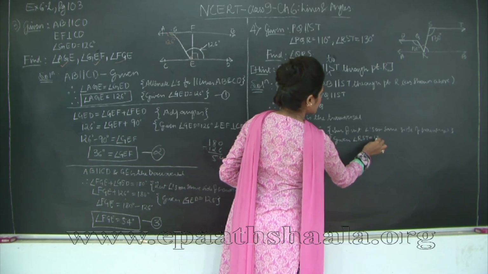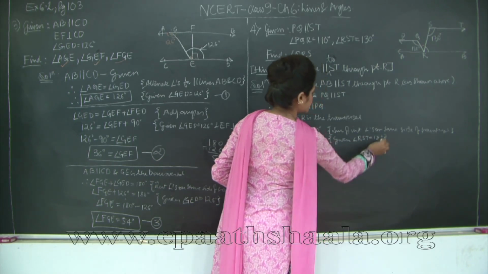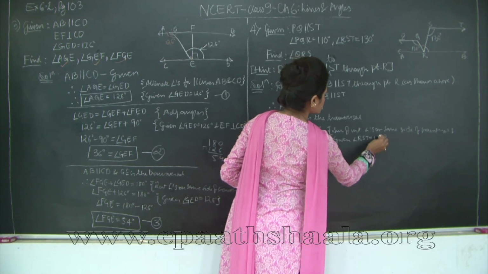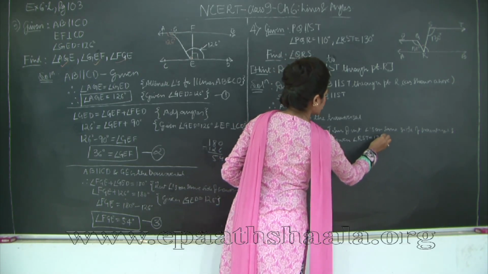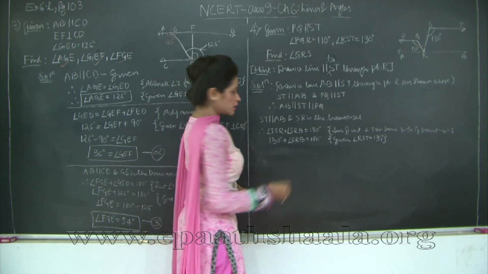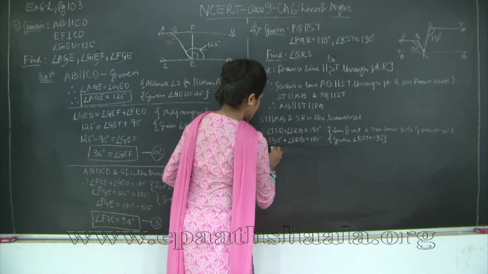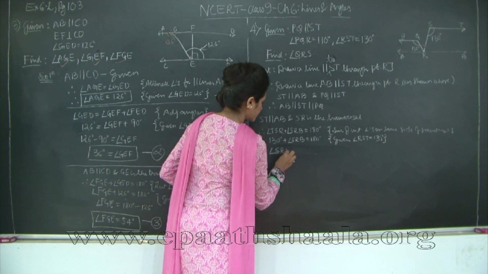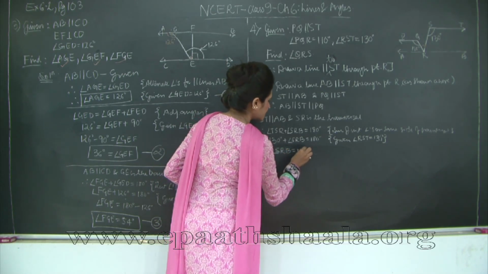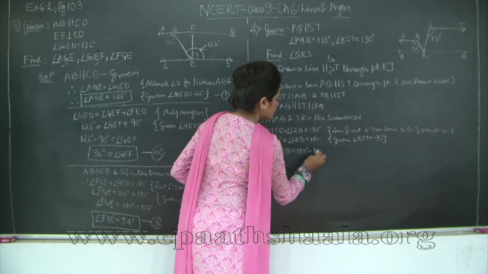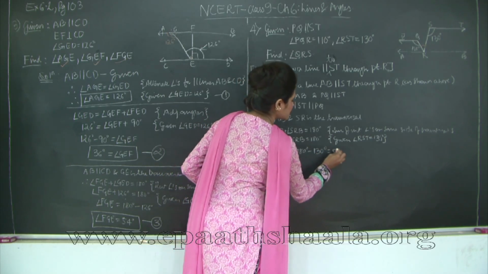Therefore, what do I get? Angle SRB is equal to 180 degrees minus 130 degrees, which is equal to 50 degrees.